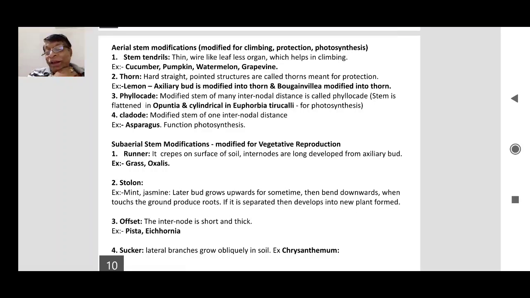Offset, example, Pistia and Eichhornia. Pistia, in Kannada we call Antargangi. Eichhornia crassipes is its name. This is a foreign species. In Pistia and Eichhornia, Pistia is a floating hydrophyte.